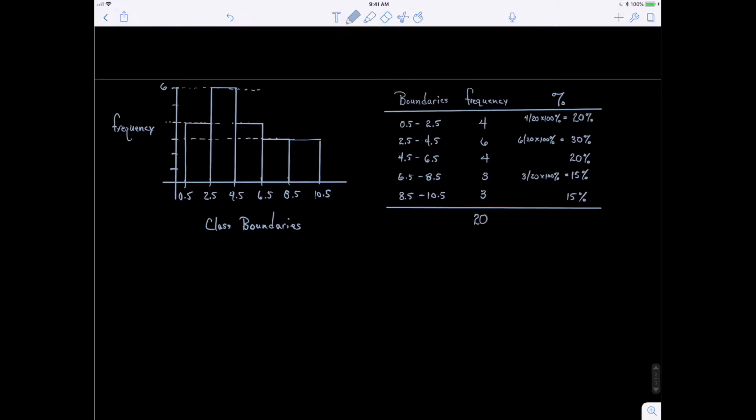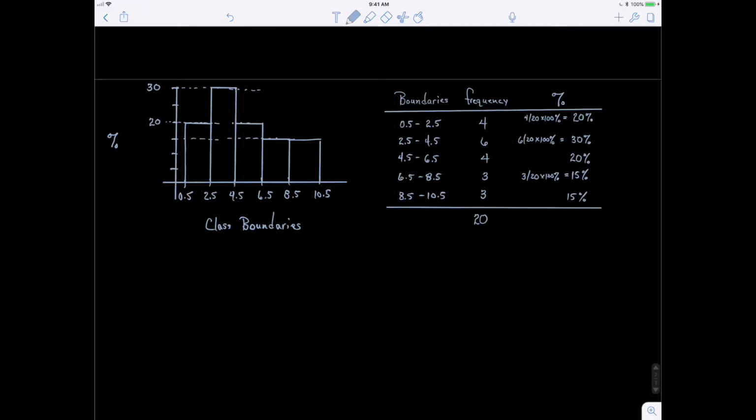I need to do one more thing before we go on. Notice this: if I have a frequency of 6, we said over here in our graph that that is equal, in percentages, to 30%. So let's put percentages now on our histogram. We said 4 was equal to 20%.